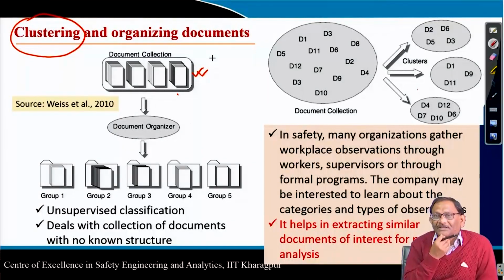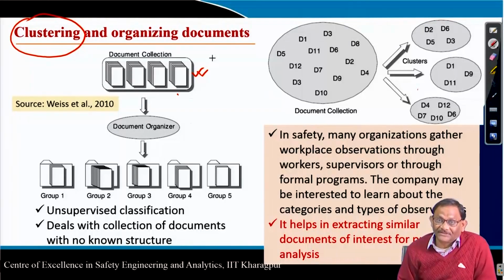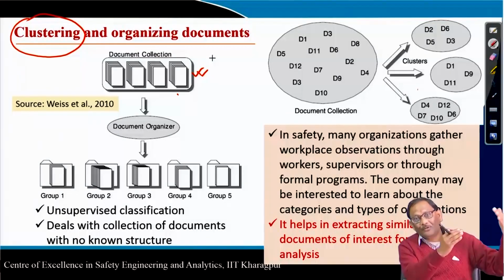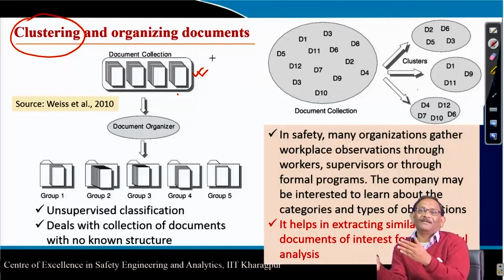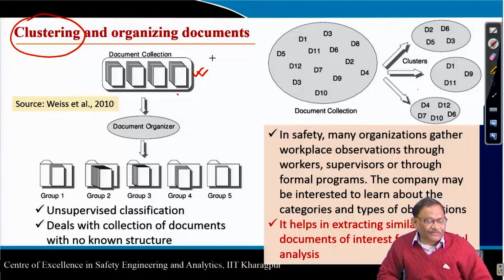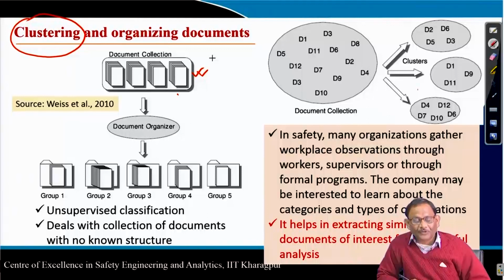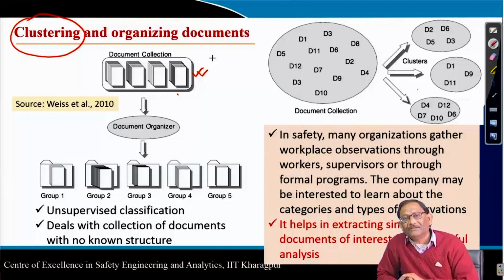Now, if you are interested in segregating those documents into different categories, in the sense that some are documents of certain types, then when documents are coming into your database in a very large number, it is manually intractable. So you have to have a machine learning algorithm which will help you categorize the documents into different groups.